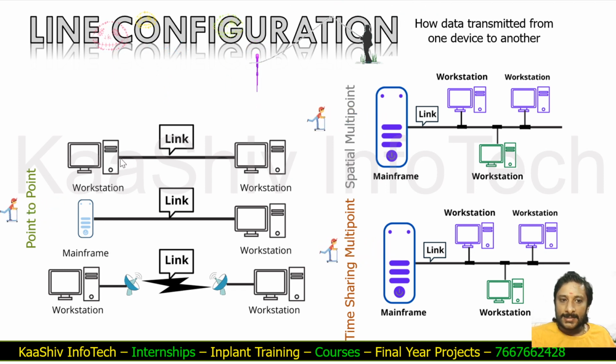In a link, a computer is connected to another computer, a server is connected to another computer, via a link. If the link is directly connected end to end between the computers, that is called point to point.